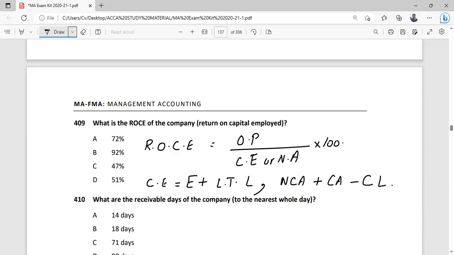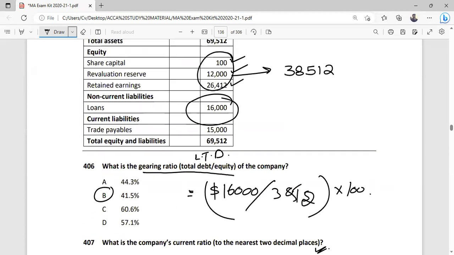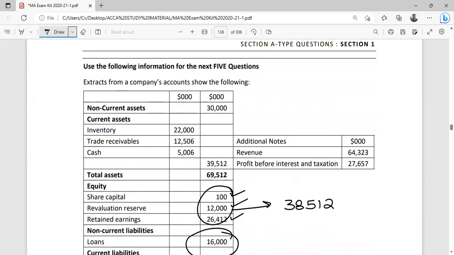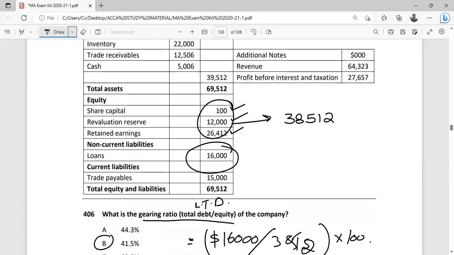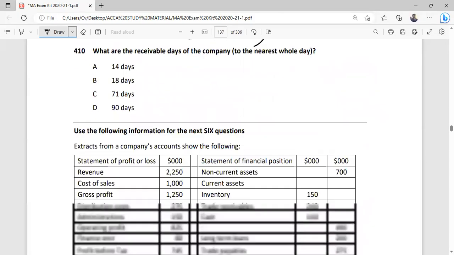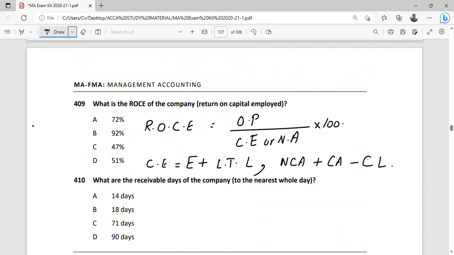So what is the operating profit? In this question, profit before interest and tax is this one, 27,657, and this is your equity, and this is your long-term loan. 27,657 divided by 13,512 plus long-term loan 16,000, multiplied by 100.